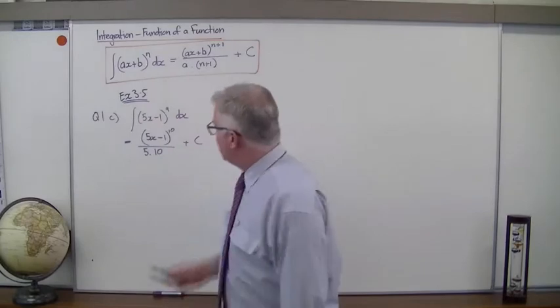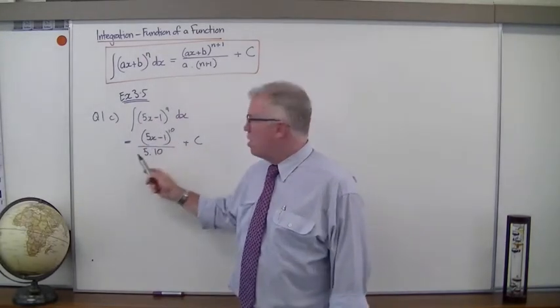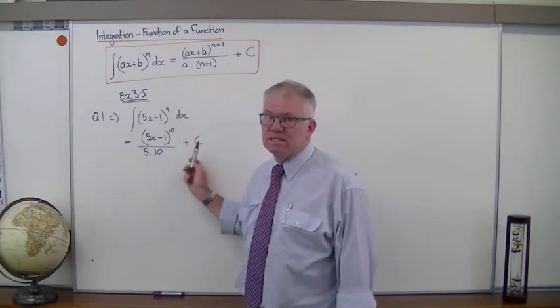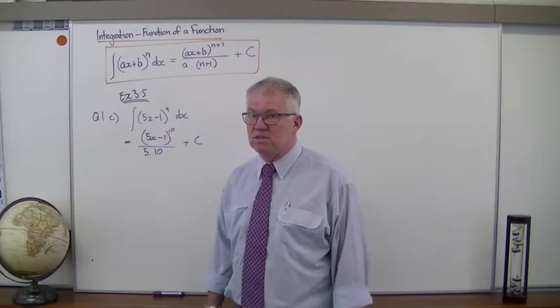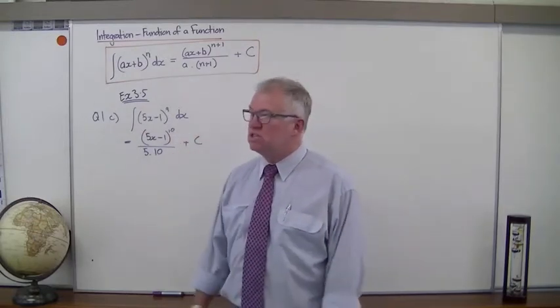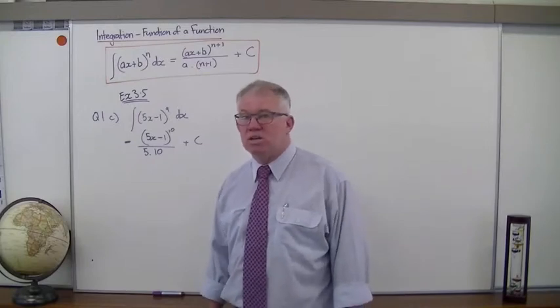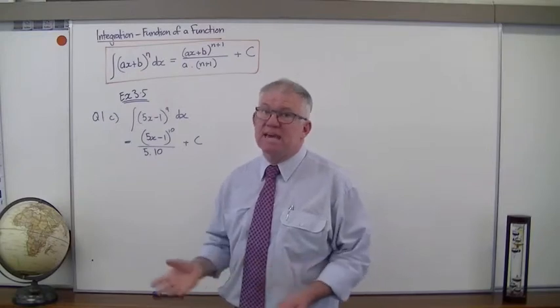And if you would like, you could write this out as (5x - 1)^10 over 50 plus c. That's probably how the textbook would have its solutions written, so that you could check your answers. 1c, straightforward. It's a recipe, it's a pattern, or actually in mathematical terms, it's an algorithm that we're following, and that's how it works.